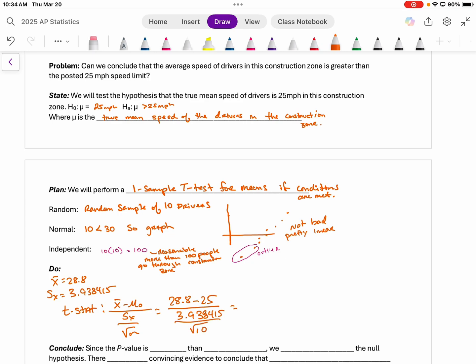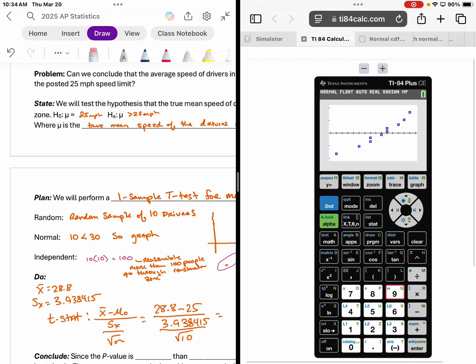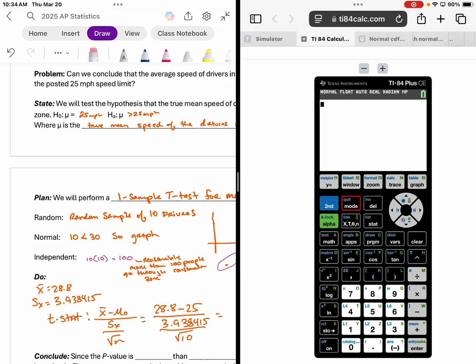All right, so let's get our fancy calculator back out. And let's second quit. Let's go alpha x, 28.8 minus 25 over, I got another fraction on the bottom, 3.938415.